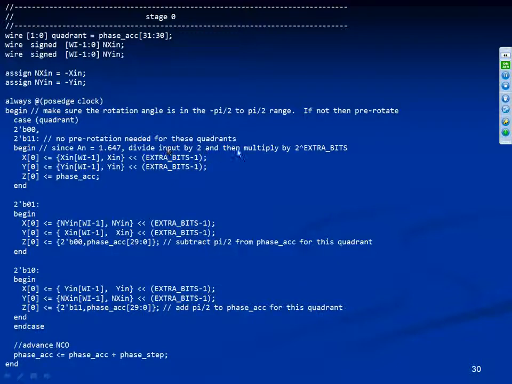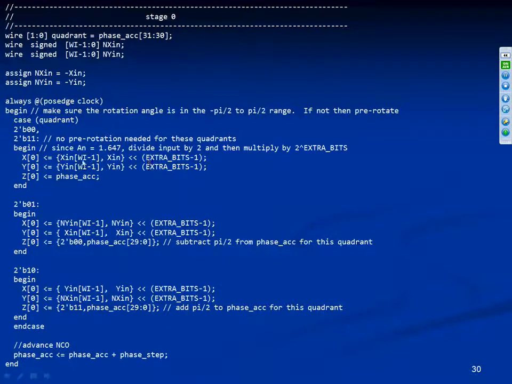So that's the same as doing a shift left by extra bits minus 1. Our extra bit value was 6. So if we divide by 2 and then multiply by 2 to the 6, it's the same as shifting left 2 to the 5. So that gives me a 22-bit wide value here.